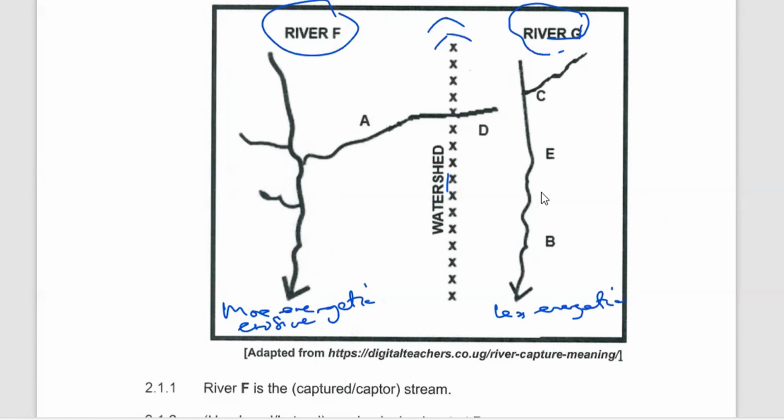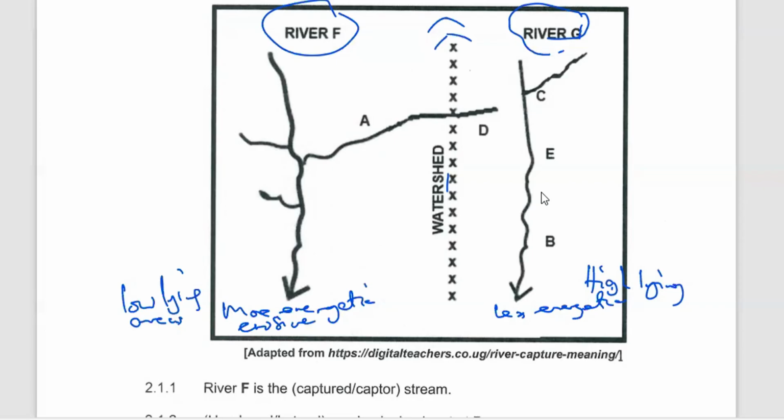A river which is more energetic is the one that flows over a low-lying area. It easily advances towards the watershed. And this one is the one that is flowing on a high-lying area. It has less energy. The river that is flowing on a low-lying area can easily advance towards the watershed.